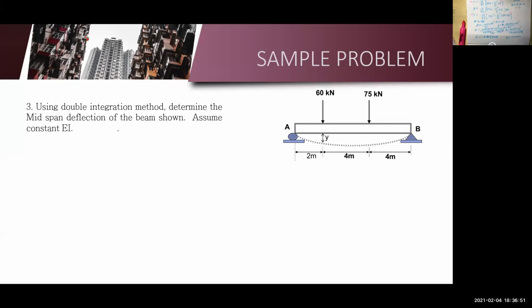Please be careful kasi kapag namali kayo sa reaction, mali na kayo sa pag-solve. So as much as possible, always double-check yung reaction nyo kasi hindi naman nawawala yung mamamali kayo ng input. Okay, tanong, what is the mid-span deflection? So x is equal to, this is 4, 4, 2, so 8.